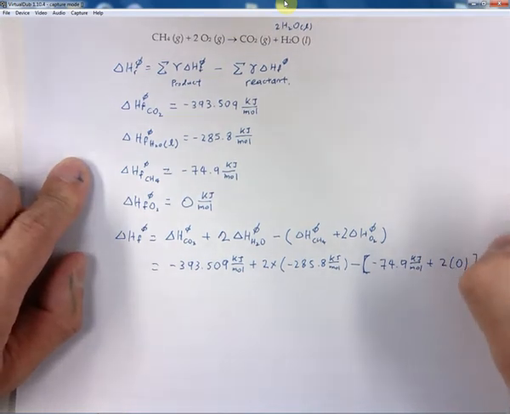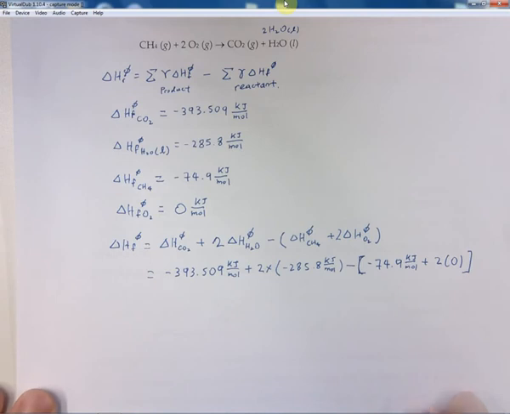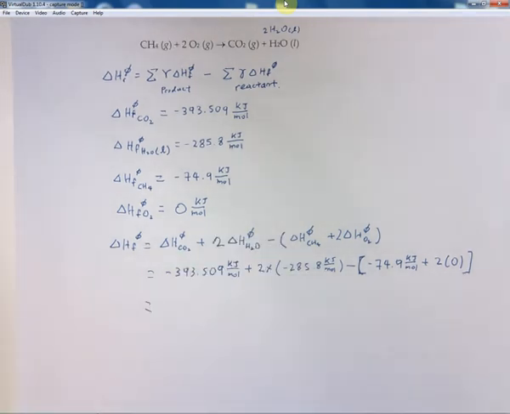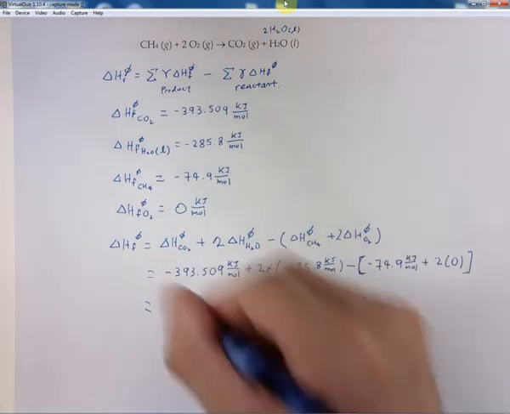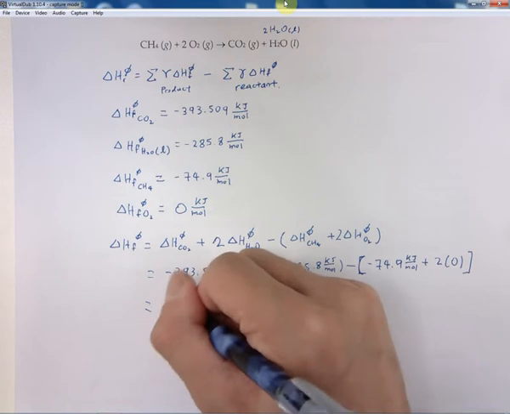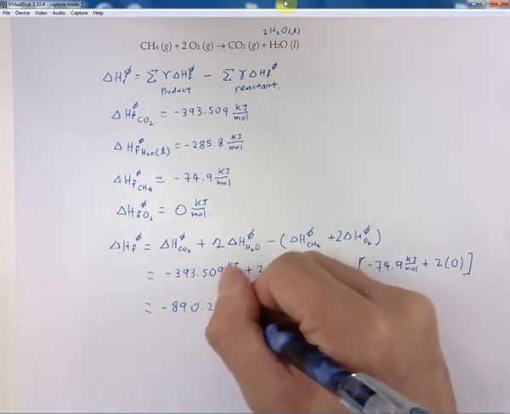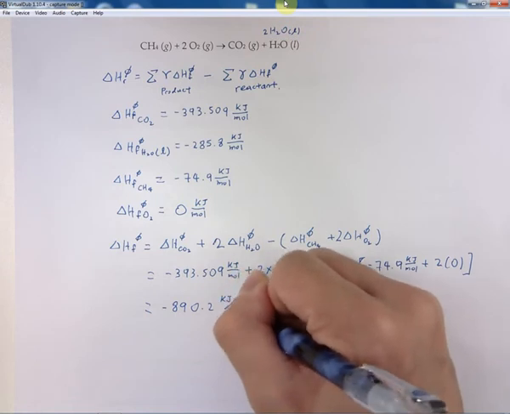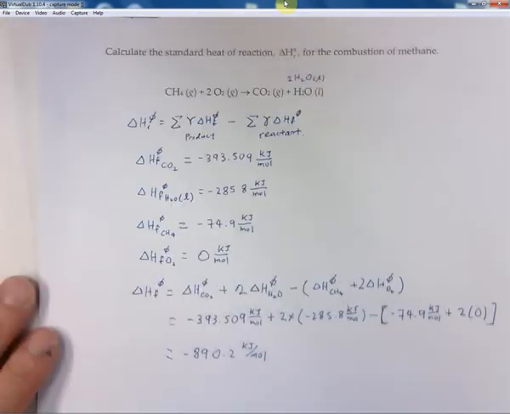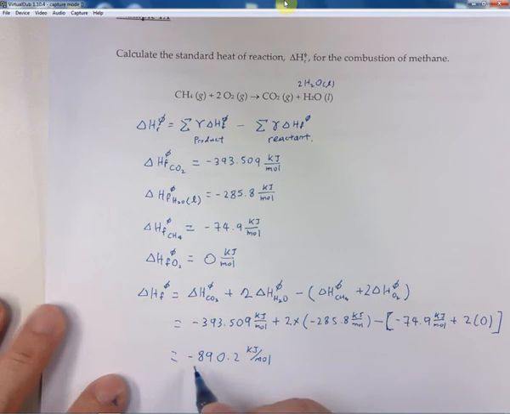This is for oxygen. So if we solve this equation over here, you get a value of negative 890.2 kilojoule per mole. So I want to bring your attention to this sign over here.